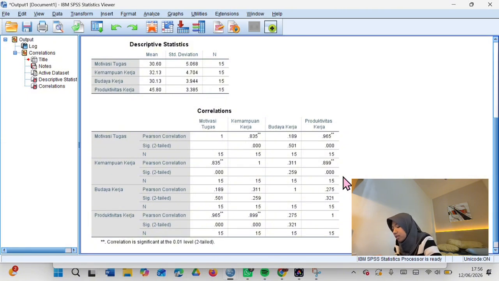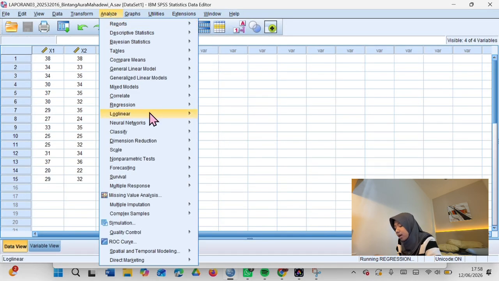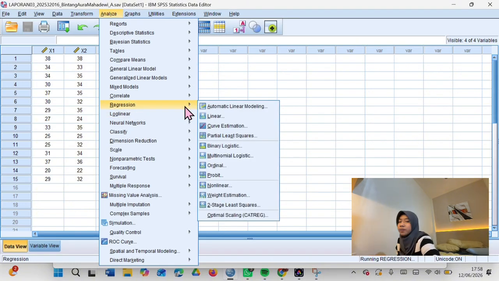This indicates a weak and insignificant relationship with work productivity. Therefore, tax motivation and work ability have a stronger relationship with work productivity compared to work culture.